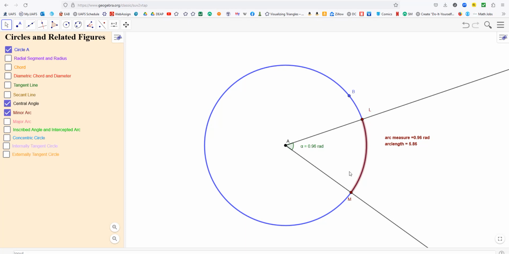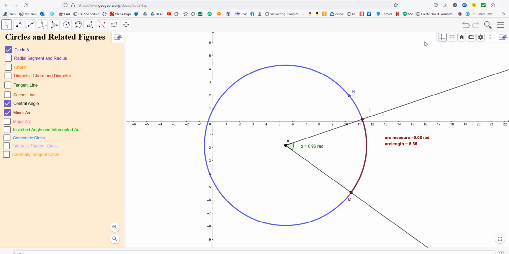Contrast that with arc length, which is the length of this, as if you were putting a tape measure around here. Those are not the same thing. Here the units are based on an underlying grid like this, and this unit is one distance length from 0 to 1.